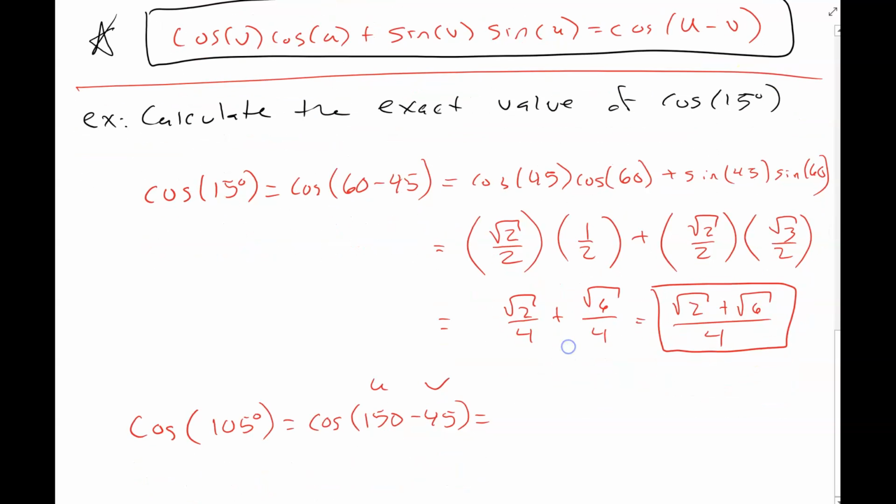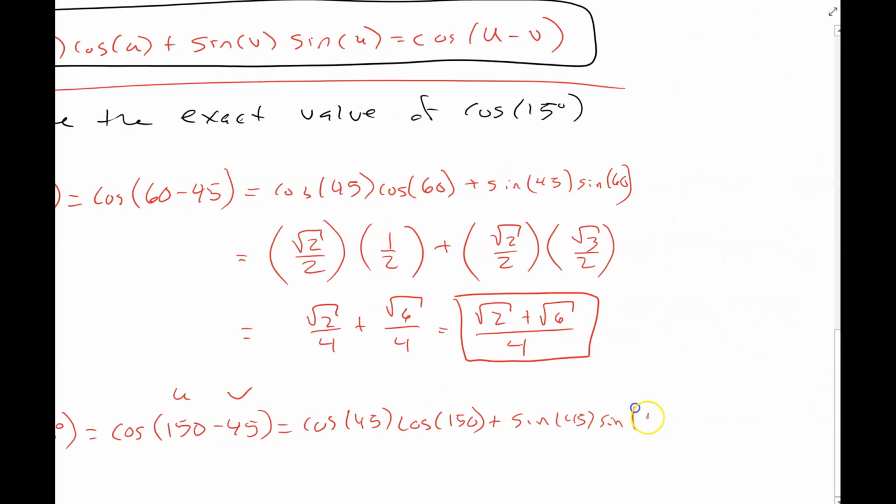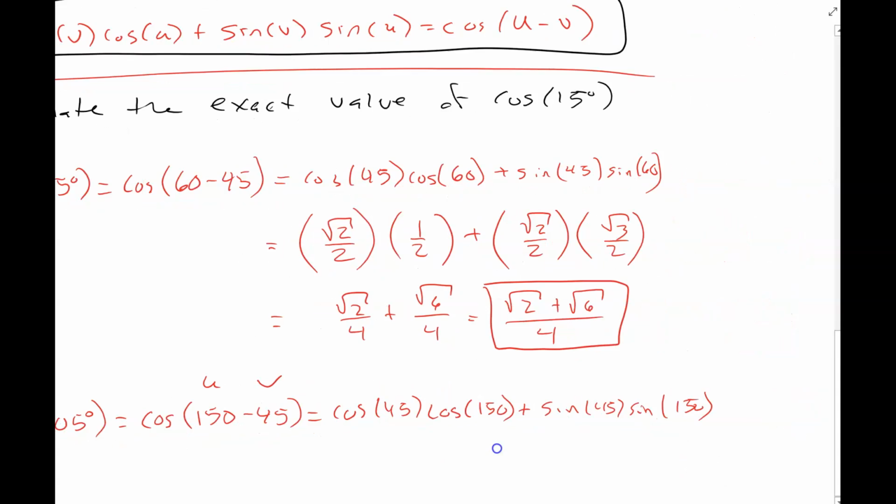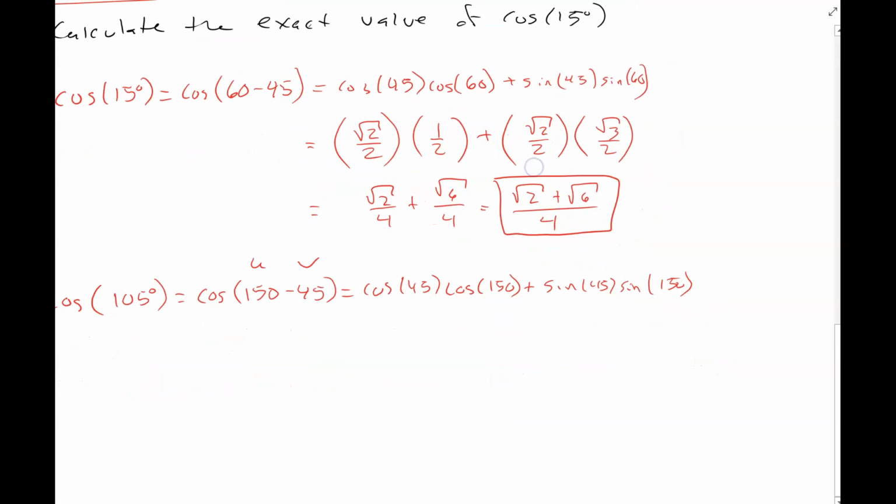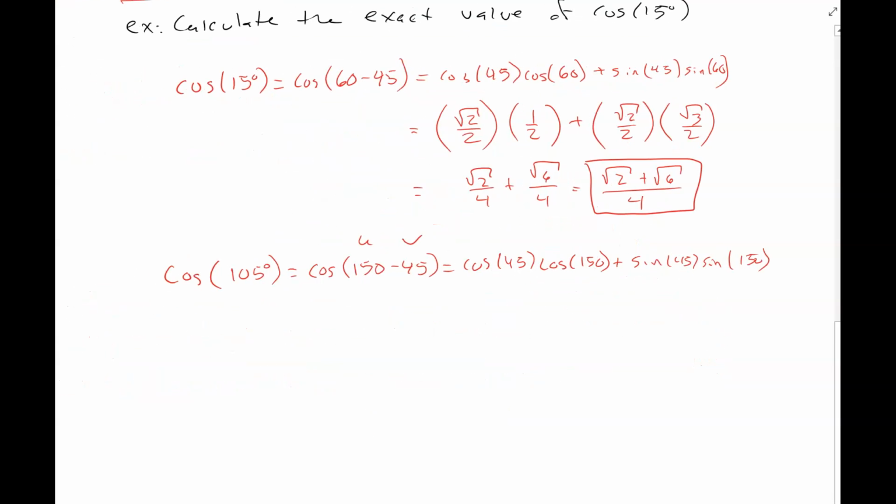So if we just plug them in then, I have cosine of 45 times cosine of 150 plus sine of 45 times sine of 150. So I go to my unit circle and I just read off these values.